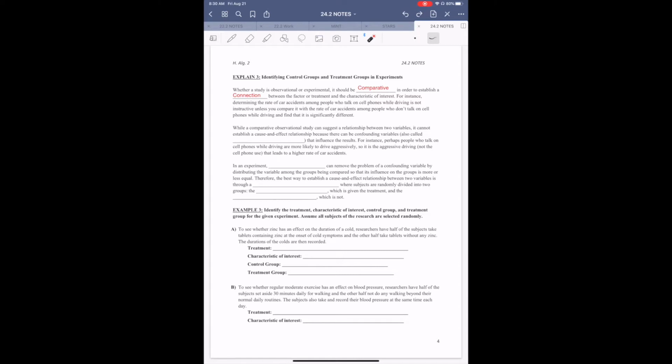While a comparative observational study can suggest a relationship between two variables, it cannot establish a cause and effect relationship because there can be confounding variables, also called lurking variables, that influence the results. For instance, perhaps people who talk on cell phones while driving are more likely to drive aggressively. So it is the aggressive driving and not the cell phone use that leads to a higher rate of car accidents.